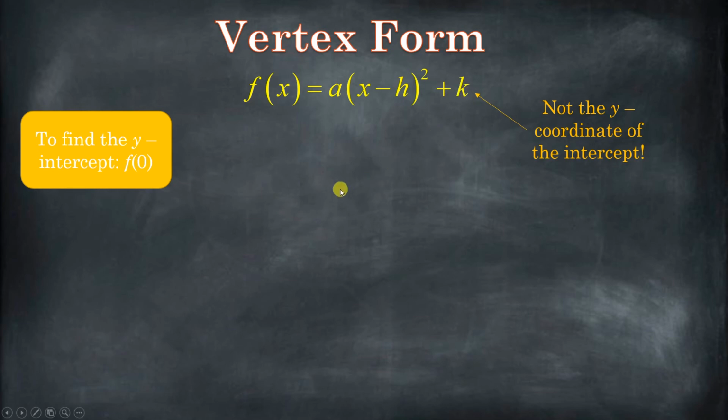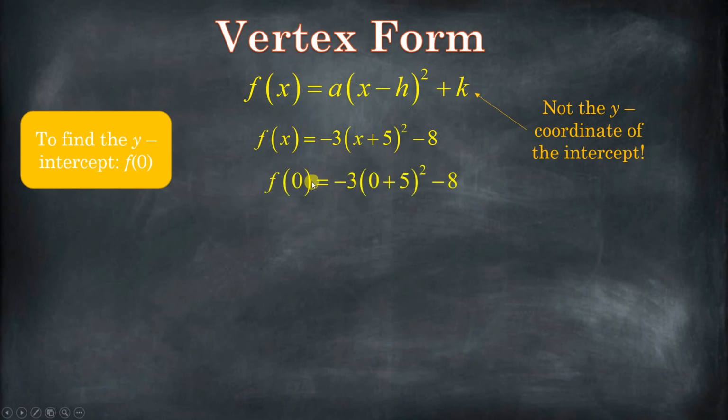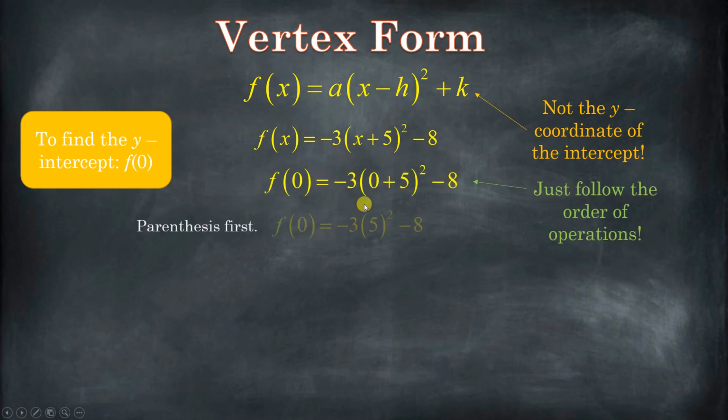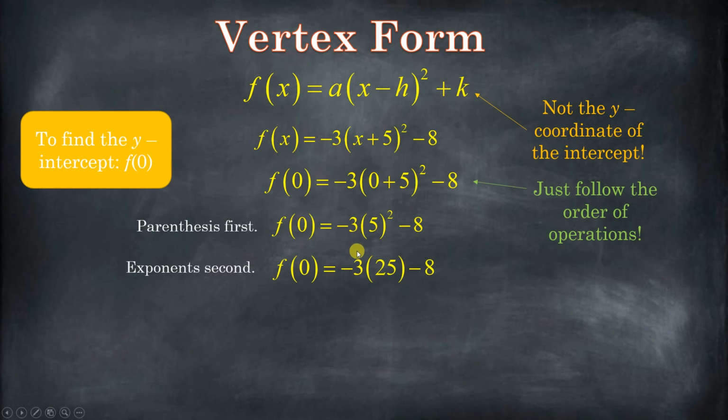Once again, to find the y-intercept, put a 0 for x. Let's do this one right here. f of x equals negative 3 times the quantity x plus 5 squared, minus 8. Let's plug in a 0 for x. We only have one x right here. Plug in a 0, and then all we have to do is follow the order of operations. We do the parentheses first, which gives us 5. Then exponents second: 5 squared is 25.